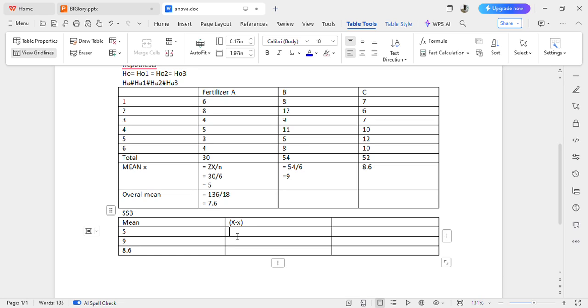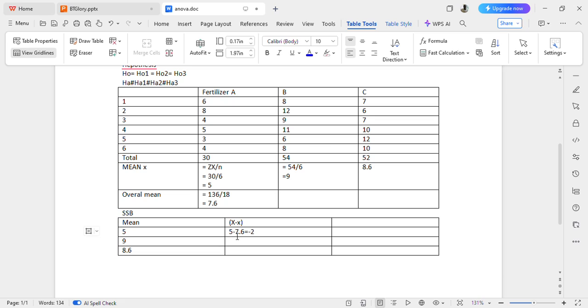Our x is 5 minus our overall mean, 7.6. 5 minus 7.6, what do you get?